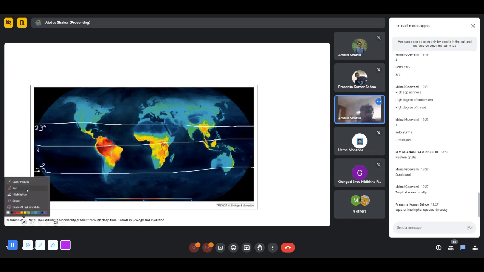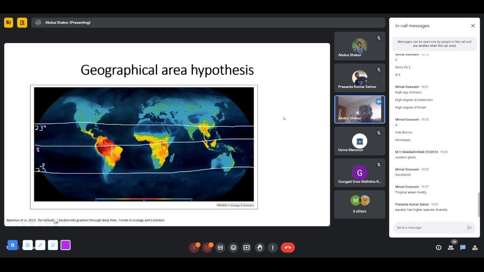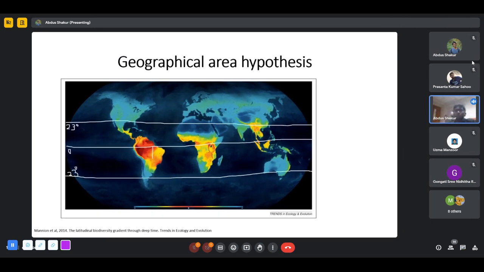People didn't just stop at saying, oh, it's there. They were curious. Why do we see higher species richness in the tropics and not in the higher latitudes or temperate regions? So they ended up proposing a different set of hypotheses.